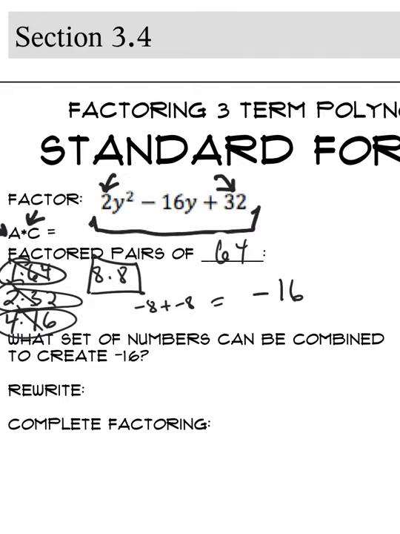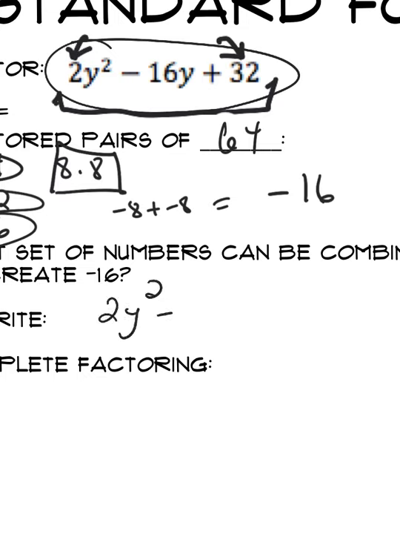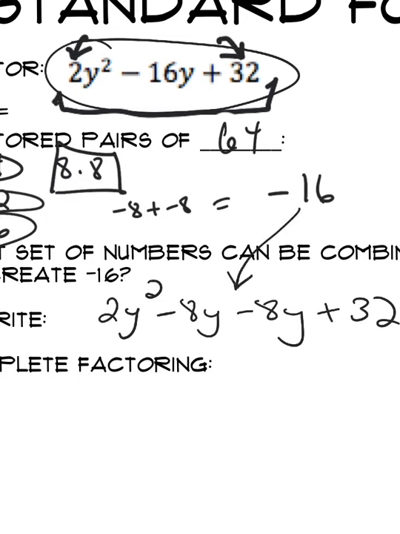Knowing now how to break this down, I'm going to rewrite this 2y squared minus 16y plus 32, but instead of writing the negative 16y, I'm going to do -8 and then -8 again. I'm just rewriting the -16 as something that is equivalent. So now I can complete this factoring.